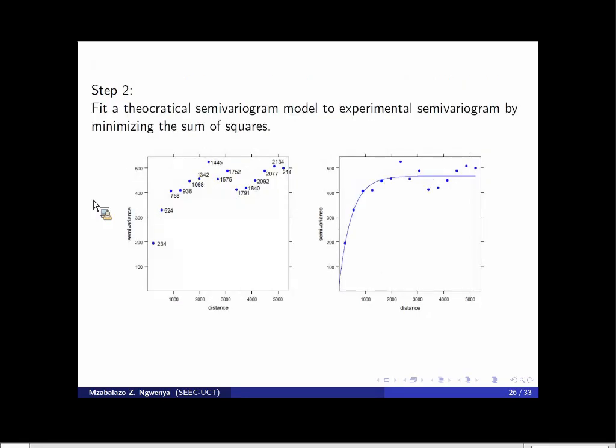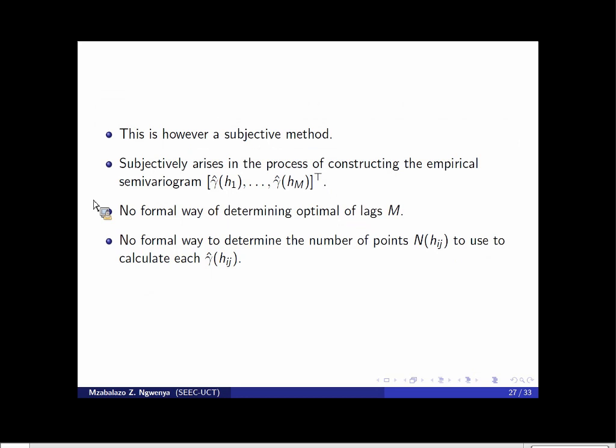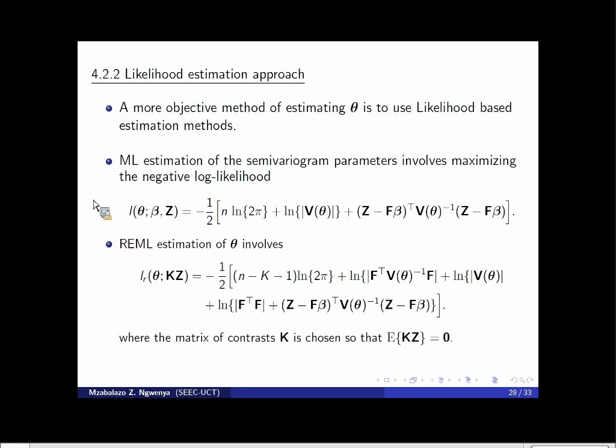So it's very subjective. I'm saying there's no formal way of determining the number of places where you have to calculate those semi-variances, and there's no formal way of determining the number of points you should use to calculate each of those estimates. So it's very subjective.